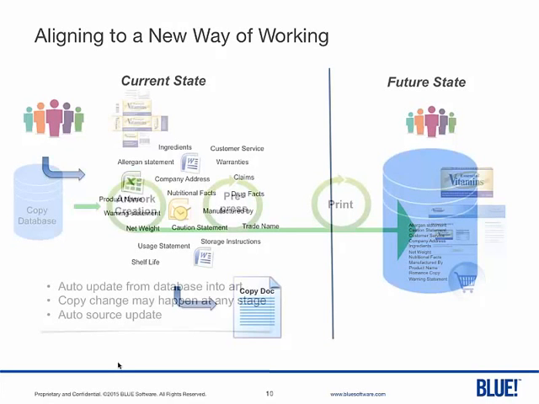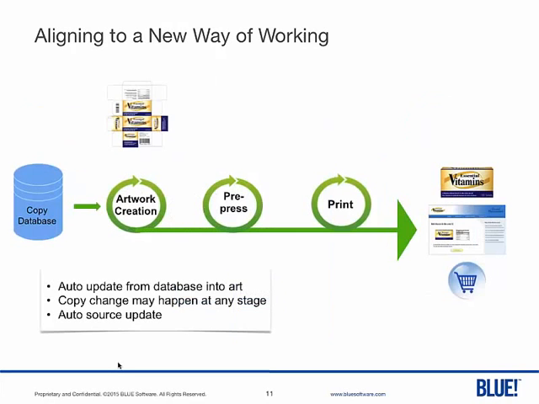So then if we take this a step further, what we would be talking about here is having the copy database feed the artwork. And so where we talked about this being a manual cut and paste in the more traditional method, what we would have happen here is that the copy would automatically be applied into the artwork once it's approved in the database or in the system.